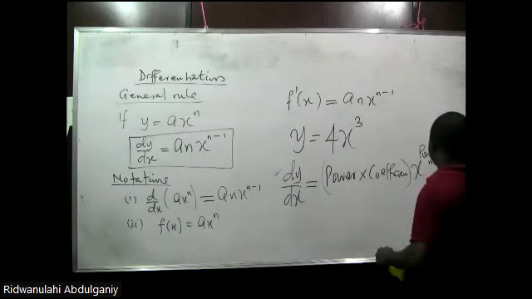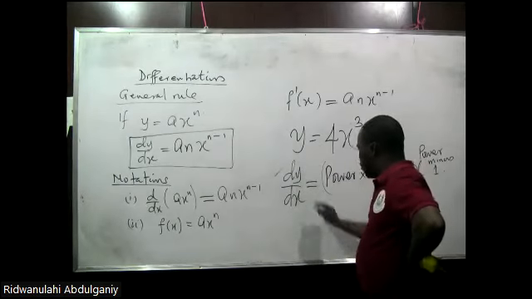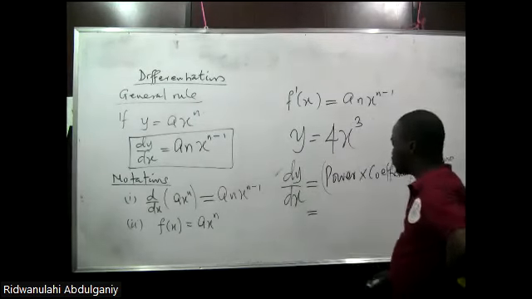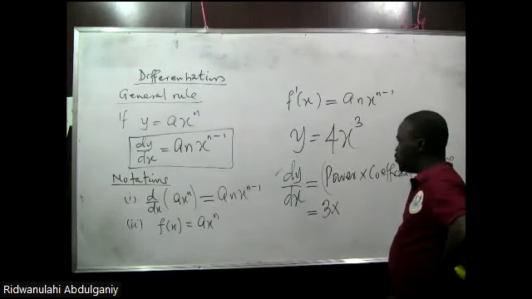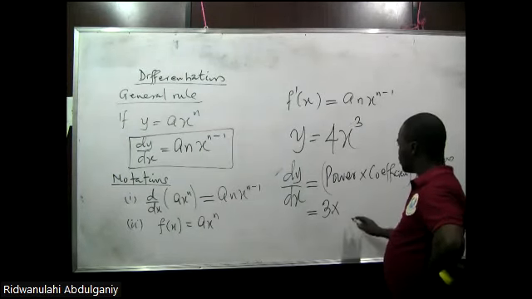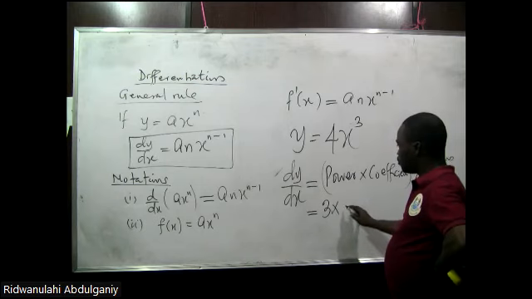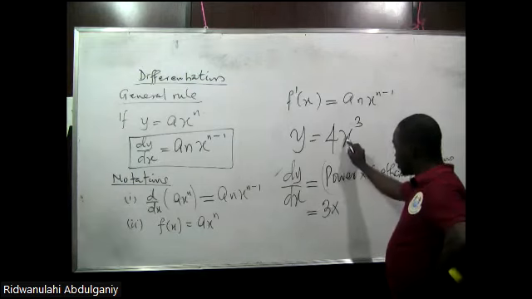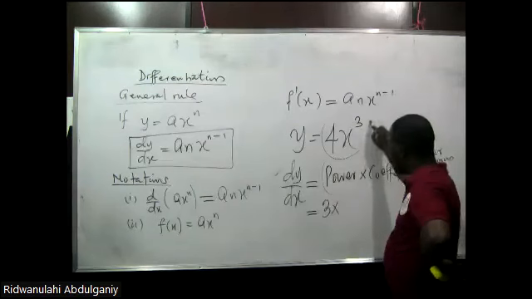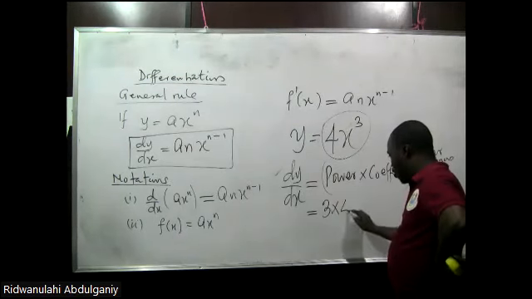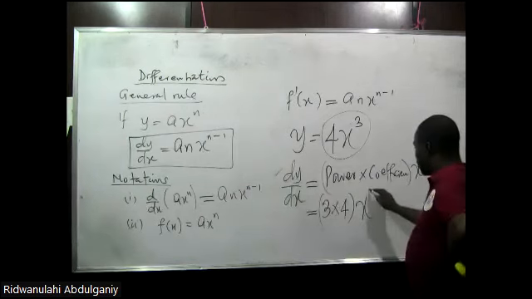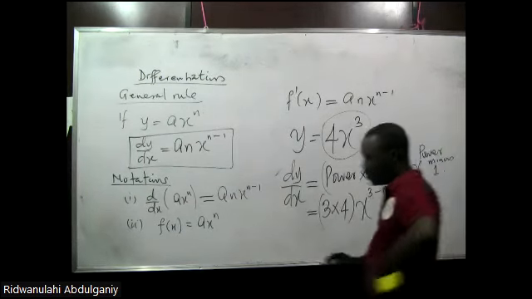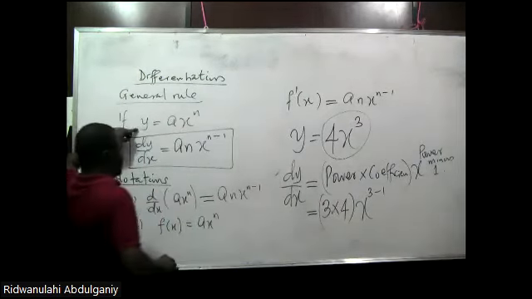Now here, what is the power? 3. 3 times what is the coefficient? The coefficient here is 4. 4 times 3, x raised to power 3 minus 1.